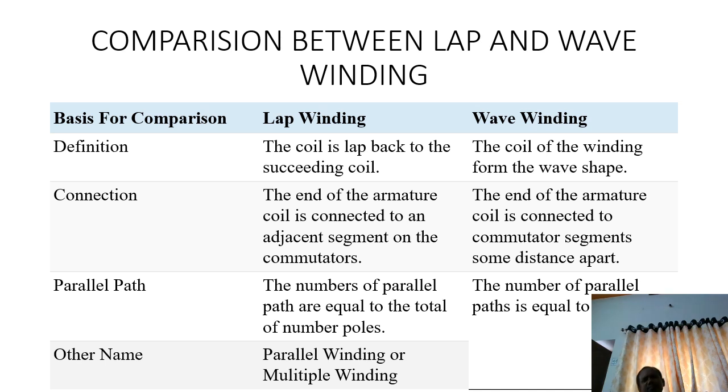Next, parallel paths. In lap winding, the number of parallel paths is equal to the number of poles, A equal to P. In wave winding, the number of parallel paths is equal to 2.